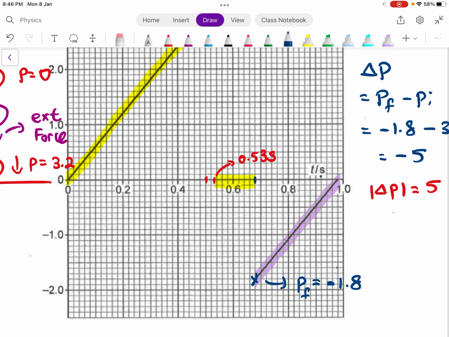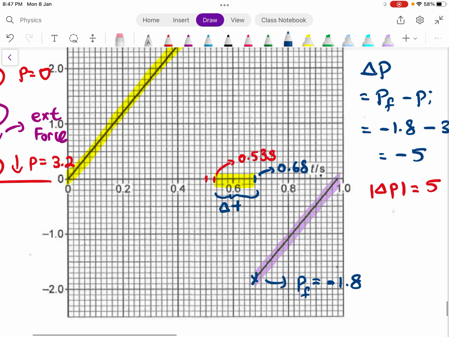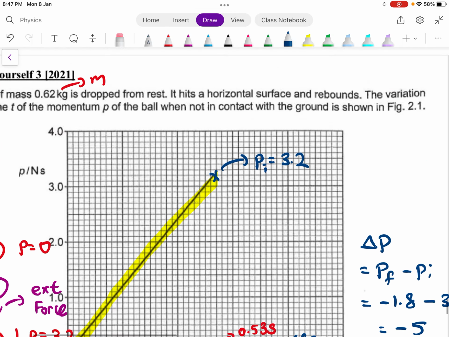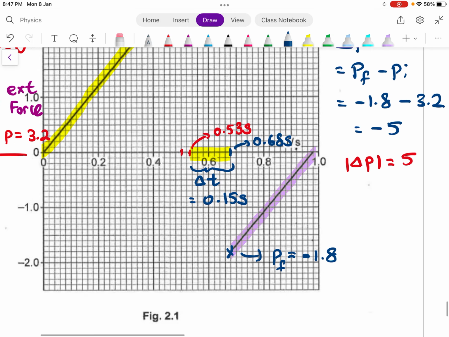At this particular point, which is the blue color one, it is roughly 0.2468 seconds. So the time in contact, the delta T, will be roughly 0.15 seconds. That will be the delta T that we are talking about.